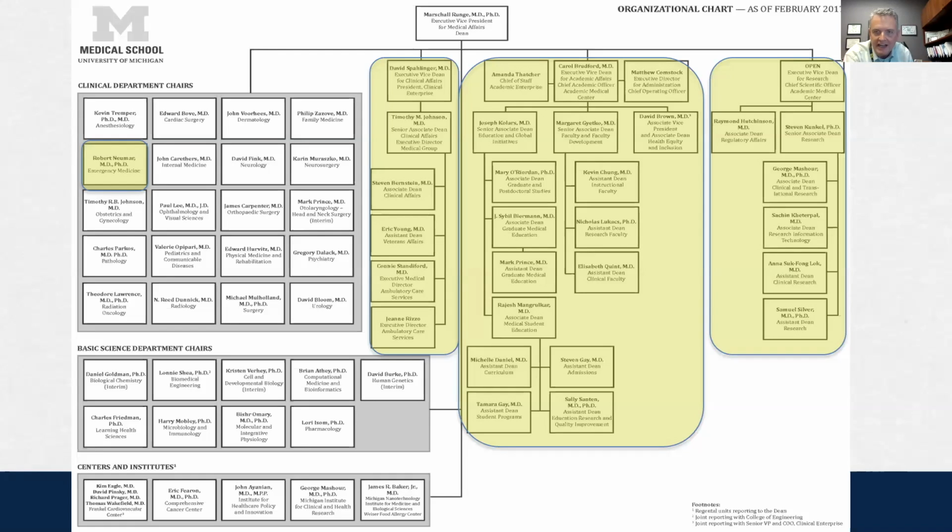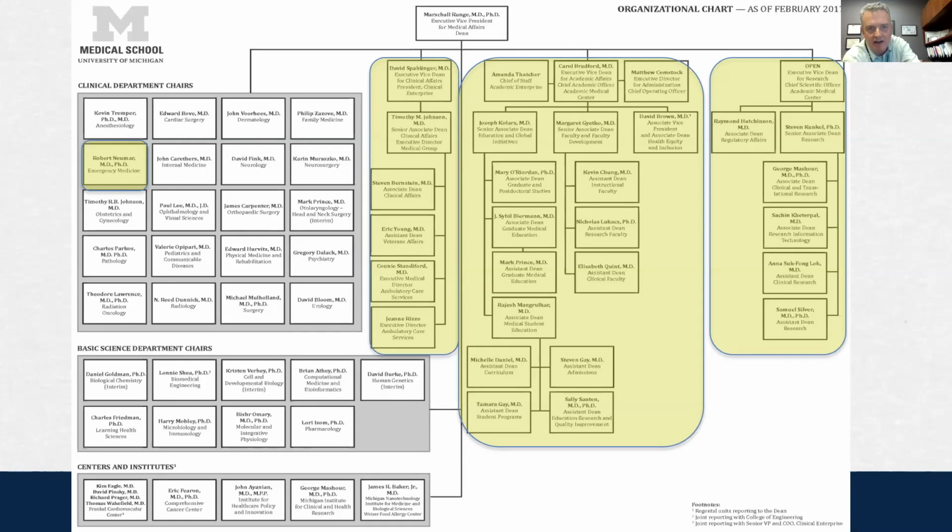So this is our institutional org chart at a very high level. In the upper line here, we actually have one executive officer that reports to the president of the university. This is slightly different in that he's the dean and over the clinical operations of the hospital, so he controls all three legs, academic and clinical missions.